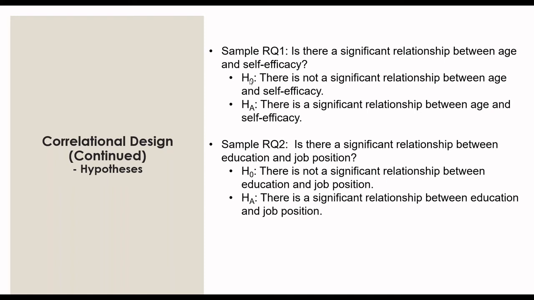Generally, the null hypothesis indicates that your relationship does not exist. You're not going to find significant evidence that there's a relationship, whereas the alternative hypothesis indicates that, yes, we proved that there is a significant relationship between the variables.